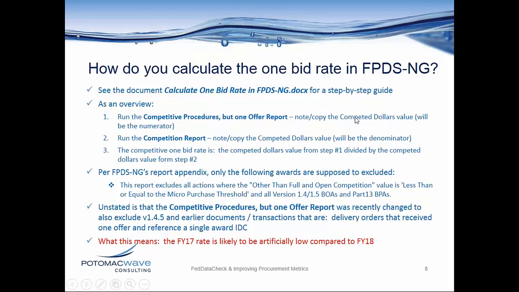This is going to be the numerator, the top of the ratio. And then you run the competition report and copy out the competed dollars value from that. That's the denominator. The competitive one bid rate is the competed dollars from step number 1 divided by the competed dollars from step number 2.